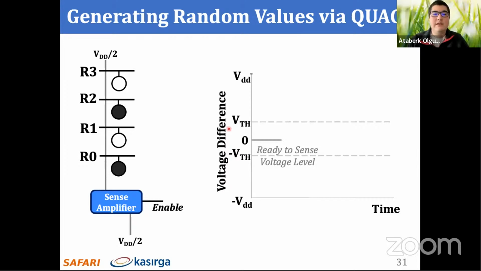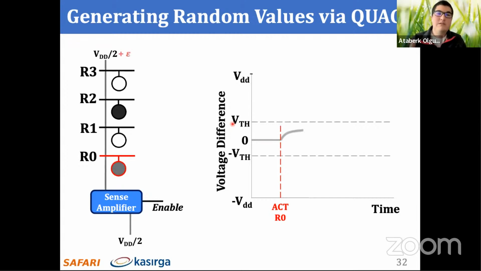And since bitline and bitline bar are set to half VDD, the difference is initially 0. We start by sending an activate command to row 0, and this enables the word line, and consequently the DRAM cell on row 0 shares its charge with the bitline. This results in the bitline voltage rising slightly towards VDD.